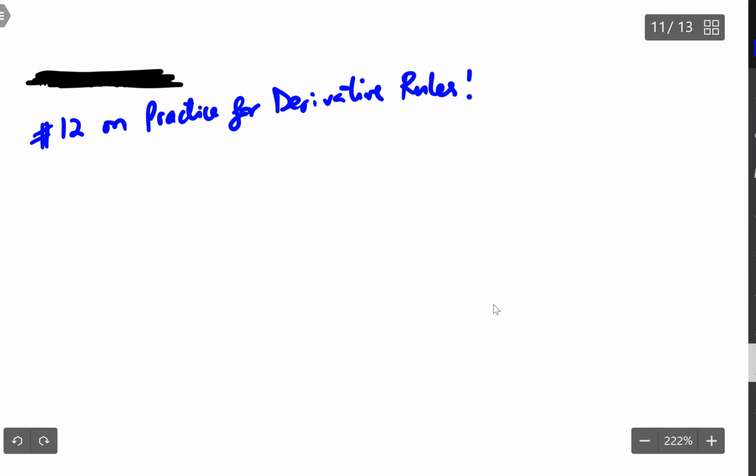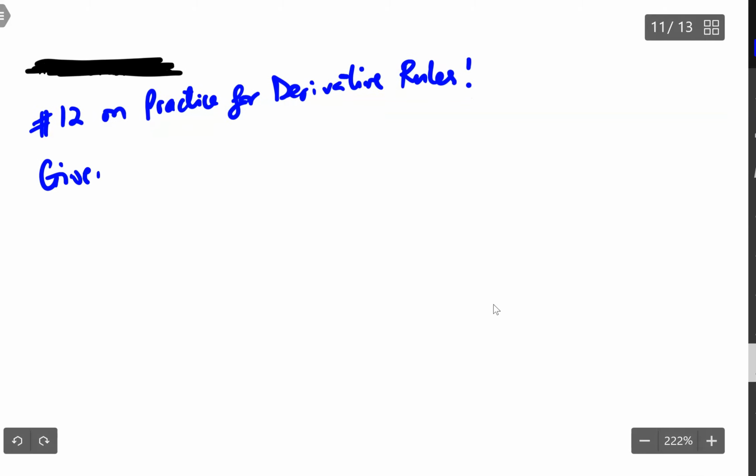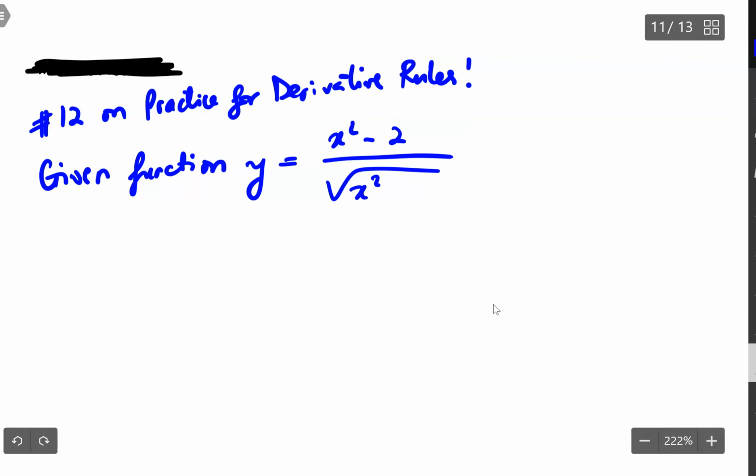Question number 12 asks me to write that given function, y equal to x squared minus 2, everything divided by the square root of x squared minus 1, evaluate y prime of 2.